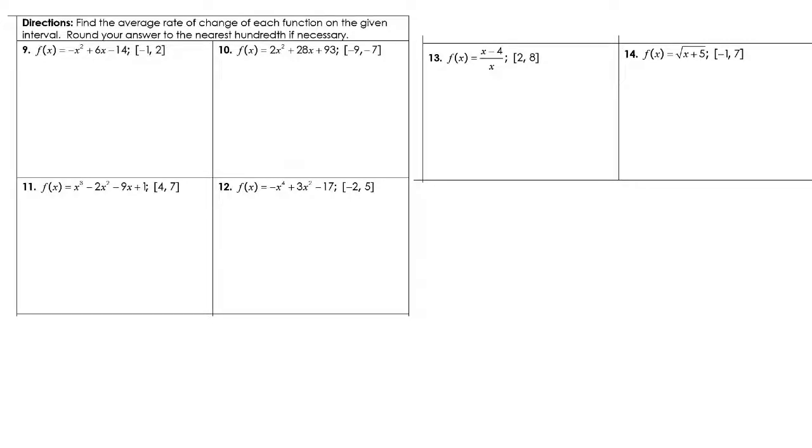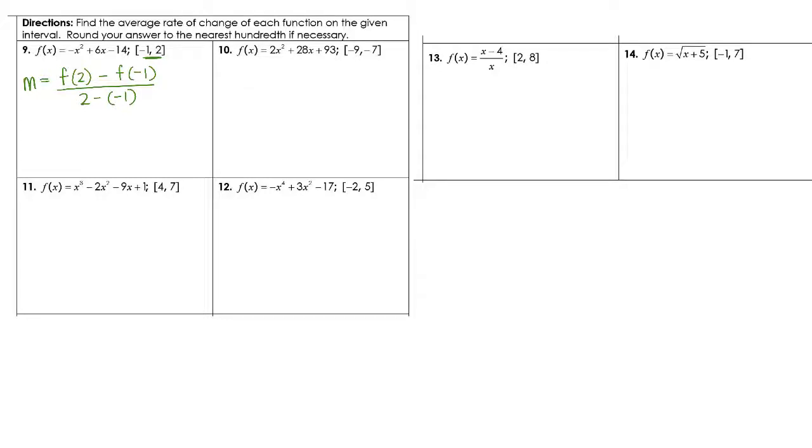Number 9, now instead of trying to pull the values from a graph, we are going to be substituting in. And again, keep in mind, here are your x values. So if I want to find the average rate of change, then the setup of this is going to be f at 2 minus f at -1, and that's all over 2 minus a -1. And so this is where we're going to need our calculators, and we are going to be plugging all of this information into the calculators.